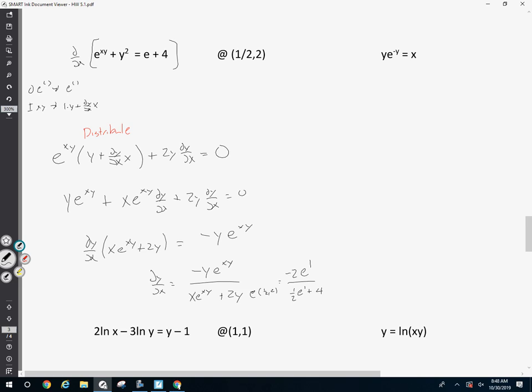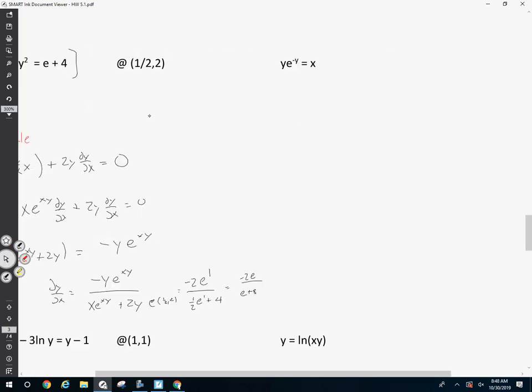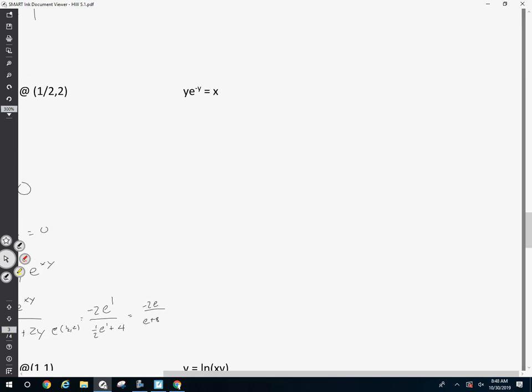Do I need to simplify this? I don't know. Let's just prepare ourselves to simplify this. You can multiply the top and bottom by 2. You get negative 2e over e plus 8. That's to the extent of what I would do. Is just get rid of this fraction in the denominator. You can't simplify the e's because of the plus, so you would stop there. I forgot to multiply the top by 2.